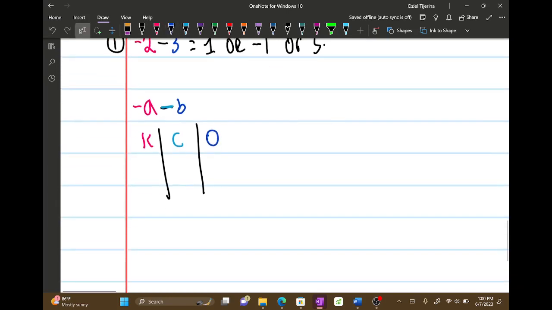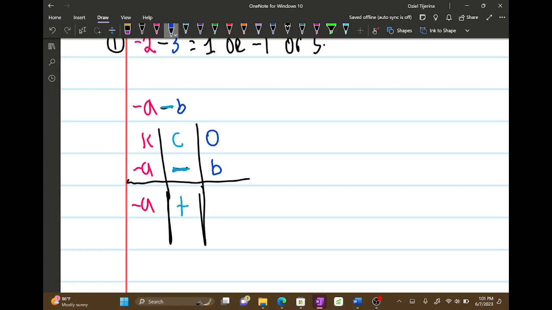So for example, if I have negative a, minus, and then b over here, I'm going to keep my negative a. I'm going to change the negative to a positive, and I'm going to do the opposite of b.